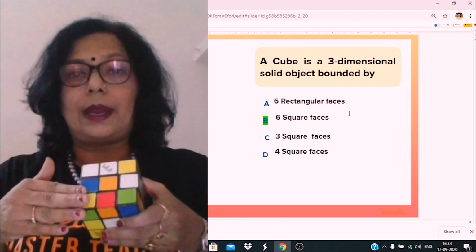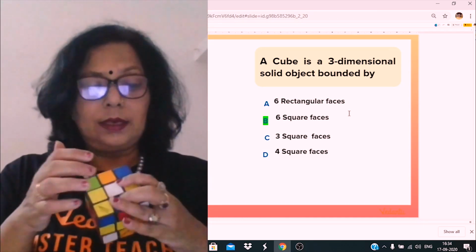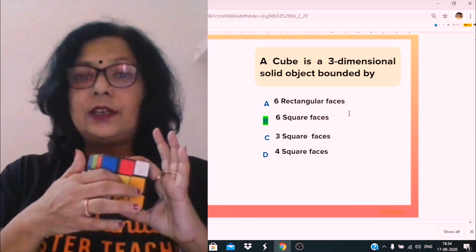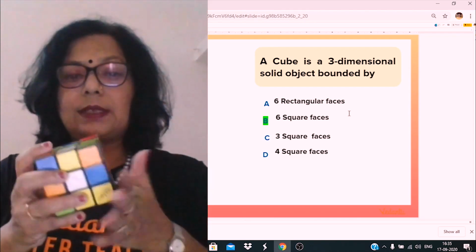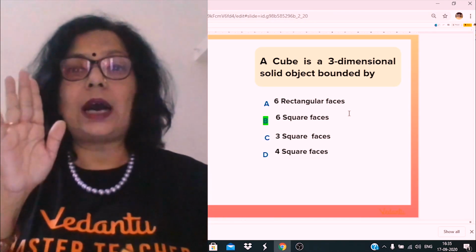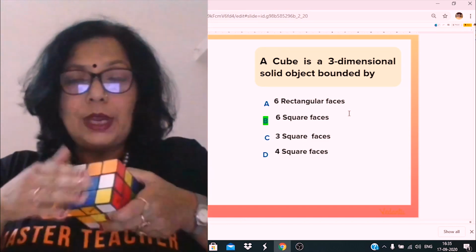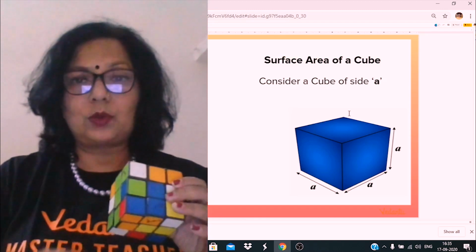They are all squares. So what will be the area of one face? Side into side. All 6 faces are the same, so the area of one square will be the area of all 6 squares.